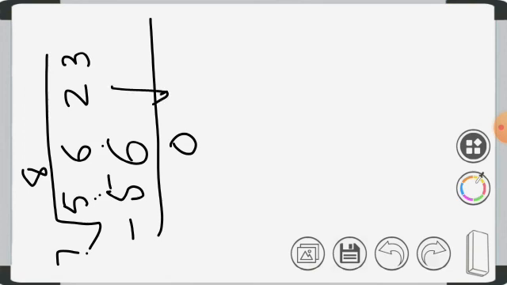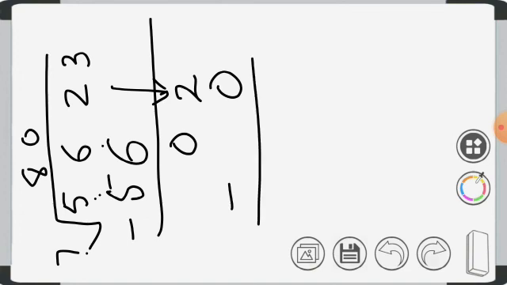And the next number is 2. Is there any number in the table of 7 that is less than or equal to 2? No. We will multiply 7 with 0. 7 zeros are 0. 2 minus 0, we will get 2. And 3, 23.